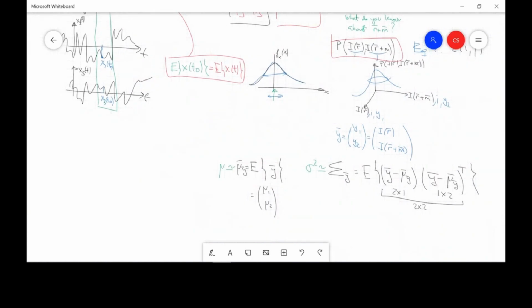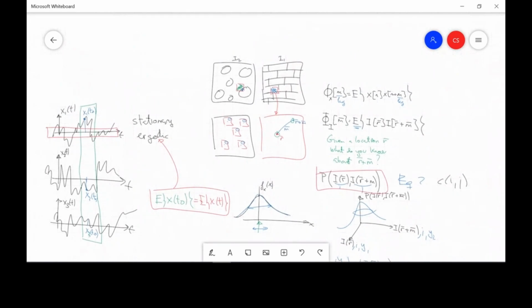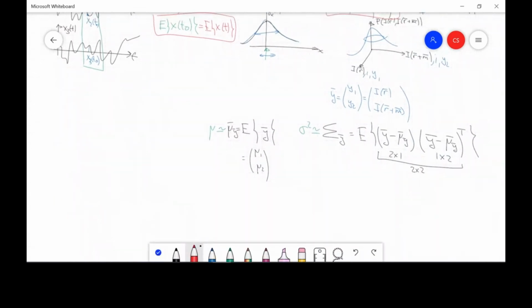In general, these two means will be different, but I am assuming that my image is stationary and ergodic. That means that this mean here and this mean here will be the same, and the variance here and the variance here will be the same. So my image will have a particular structure.